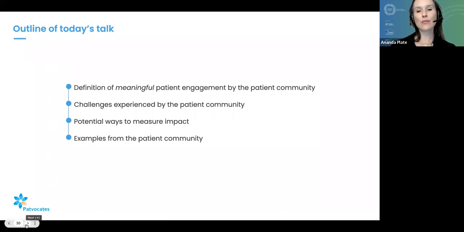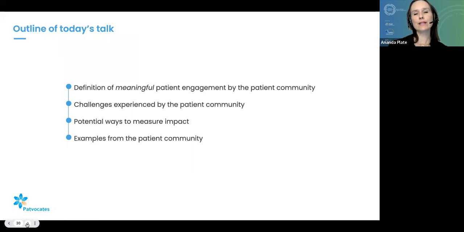And here, I really thought that it would be useful to maybe take a step back and to go through the definition of patient engagement and really what it is in our eyes from a patient community point of view. I'd then like to touch upon the challenge that we as a patient community experience when it comes to meaningful patient engagement, and to really identify whether there's anything that stands in the way, or anything that makes patient engagement difficult from our point of view.